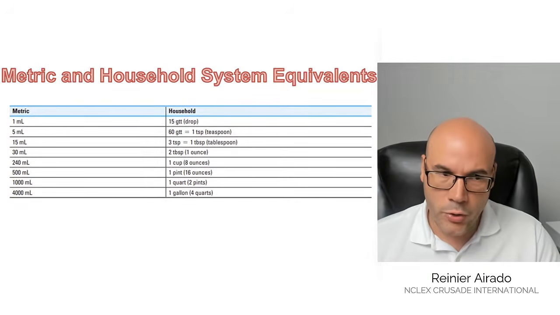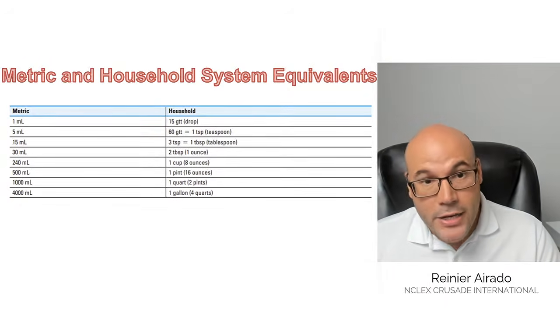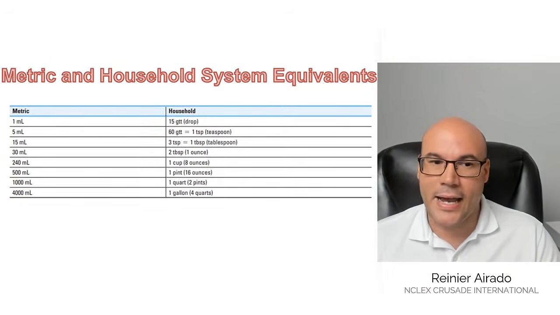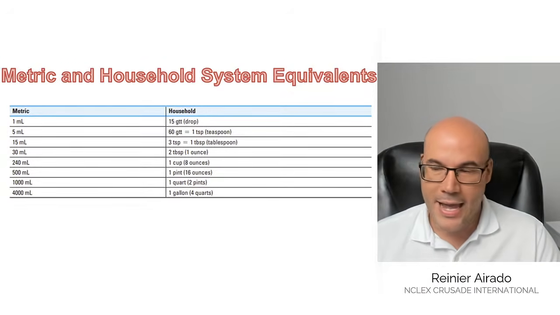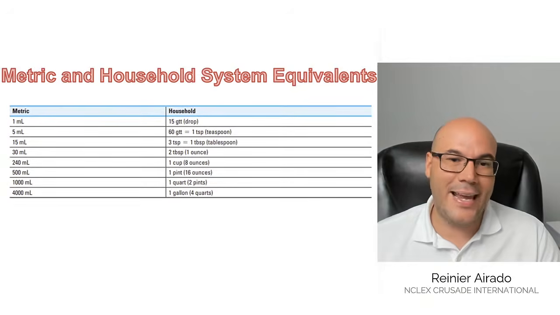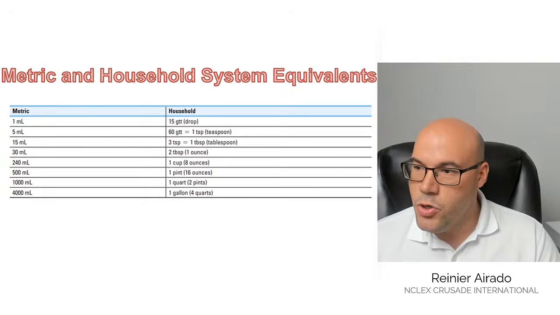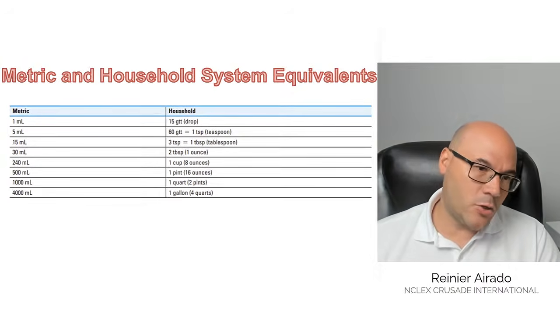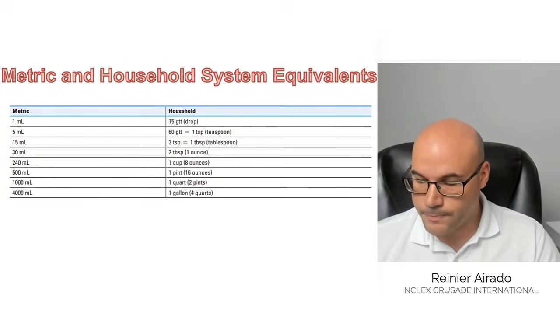The household system equivalents are very important, especially for questions that have to do with intake and output, okay? A lot of those questions deal with intake and output where you have to do several calculations, and you can use these metric and household system equivalents or conversion factors.